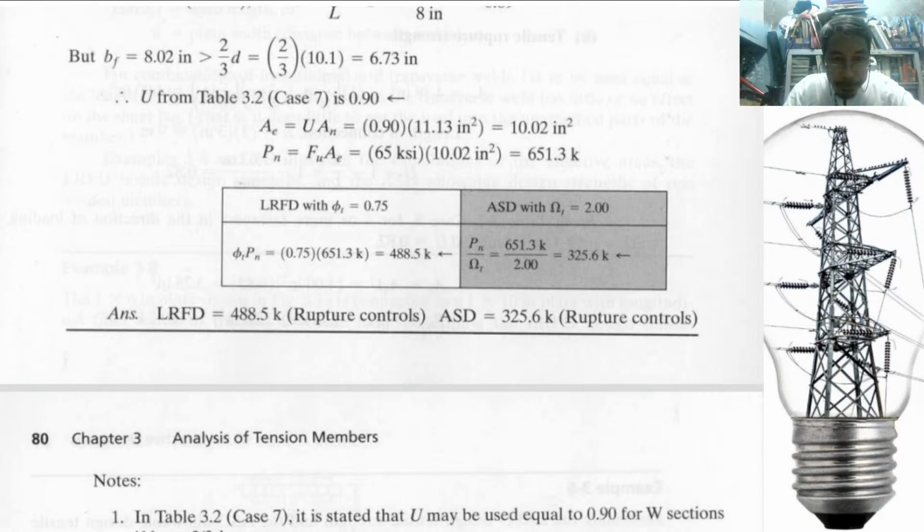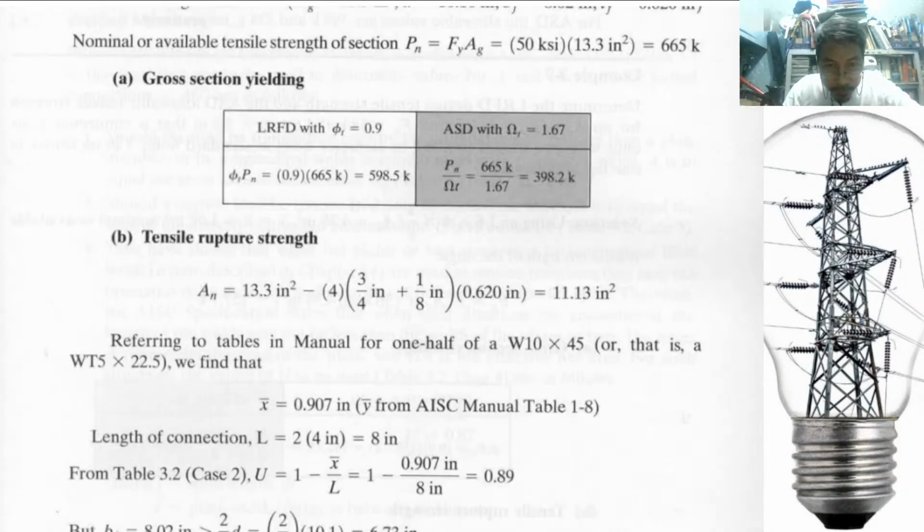So let us compute that on the ASD side. So by what? Dividing by 2. The answer would be 455 rather than 325. The answer is 455. So compare that to our answer on the yield.